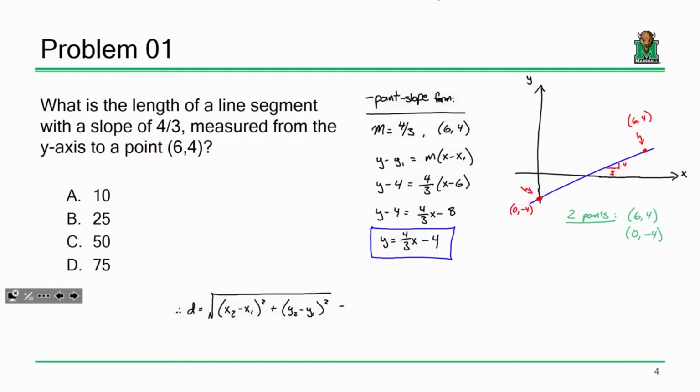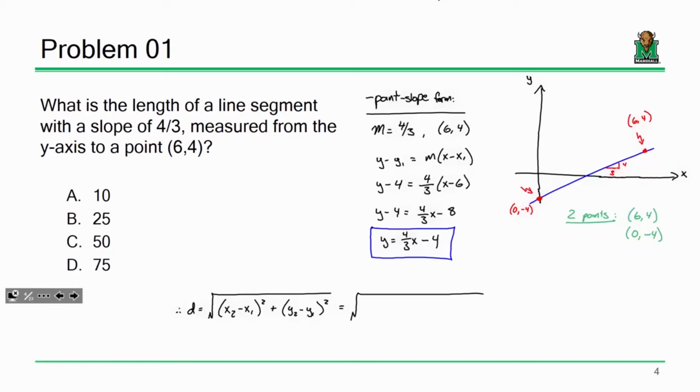Remember, you can do this in any order you would like. Just be consistent. If I say x2 minus x1, I can look at it vertically and say, how about 6 minus 0, and then 4 minus negative 4. Just keep track of your signs.